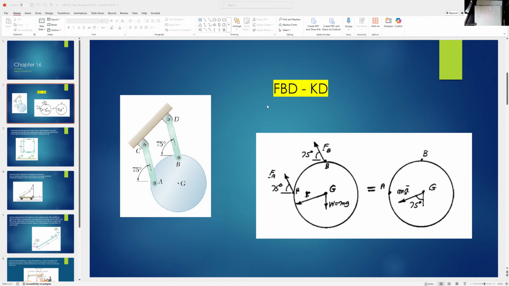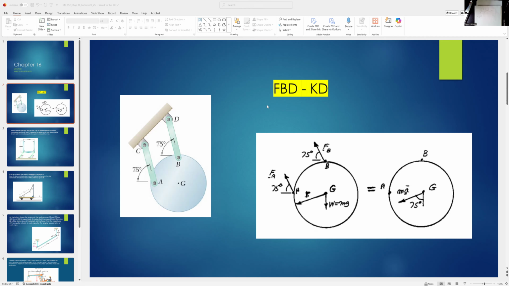To the right is the free body diagram for the disk itself. It has a center of gravity where weight is always pointing straight down. Then it has the forces from AC and DB pointing up at 75 degrees. And then the kinetic diagram simply has MA pointing in that direction, which is, of course, perpendicular to AC and BD.